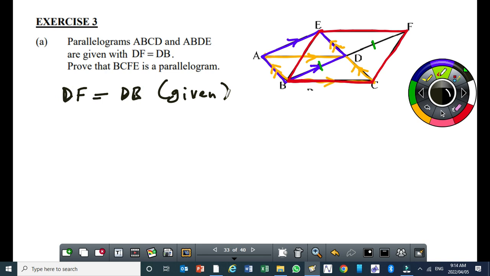Now, it's not that easy to directly prove that DE is equal to CD. So what I'm going to do first, I'm going to say AB is equal to CD. Okay? Because ABCD is a parm. So I can say AB is equal to CD. My reason here will be opposite sides of the parm.